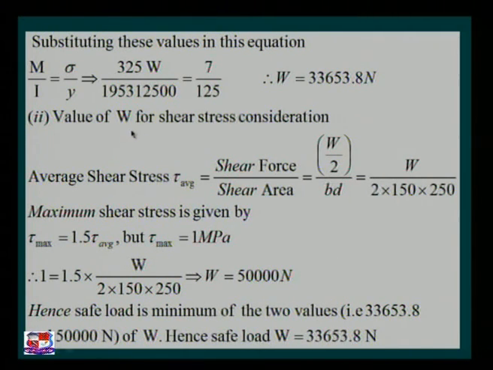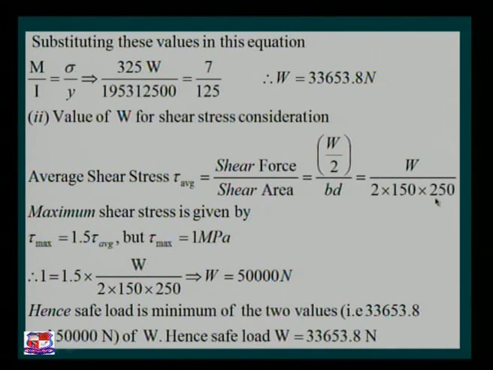Now, the value of W for shear stress consideration. Average shear stress is equal to shear force by shear area. Shear force is W by 2, area is BD, so W by 2 into 150 into 250 is the average shear stress.